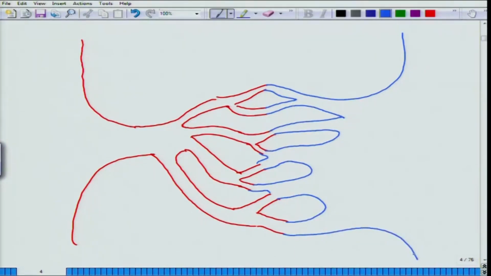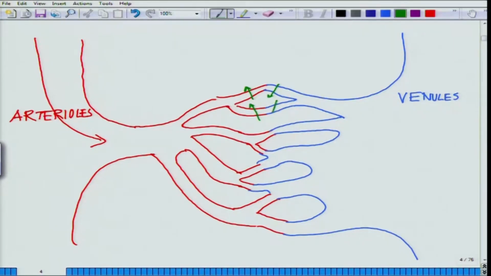So, the blood is coming like this, and these are the arterioles, and these are the venules. The blood is coming from the arteriole side, and here is where the exchange takes place. Let us represent the exchange by different arrows. Here is the exchange zone.